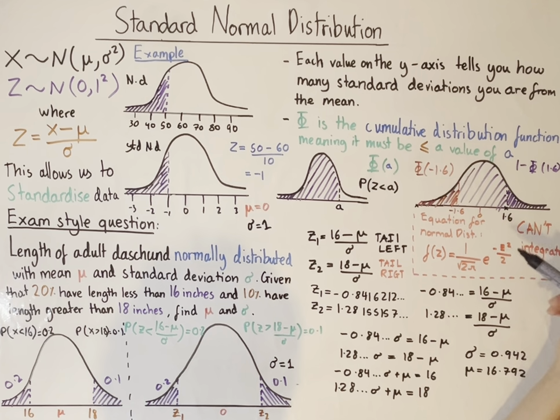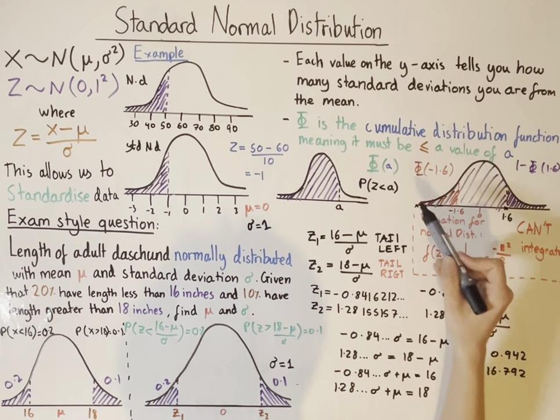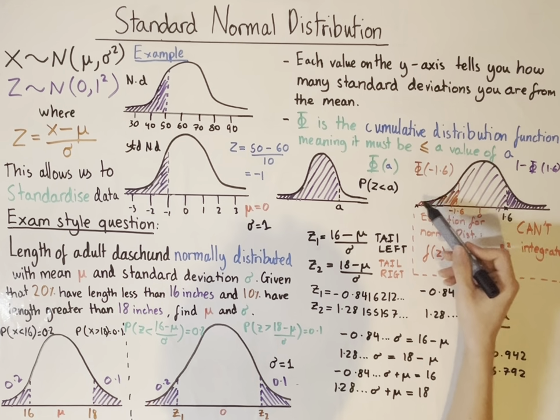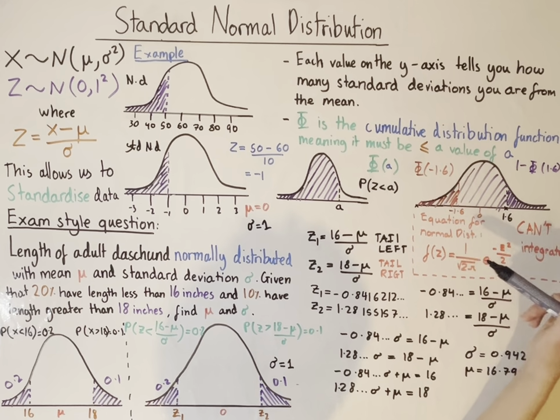And then going back to this, just to finish off, our equation of the line for the normal distribution is 1 over root 2 pi e to the power of minus z squared over 2. We actually can't integrate this function, which means that our phi is just an approximation of the area under the line.